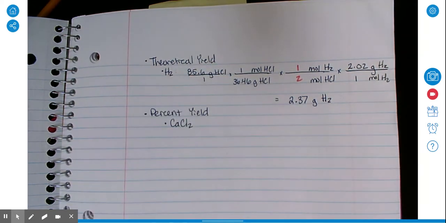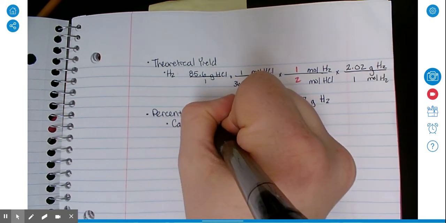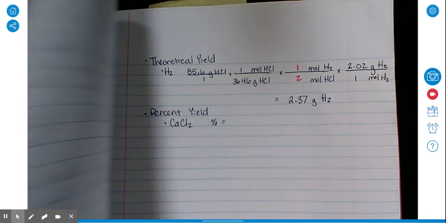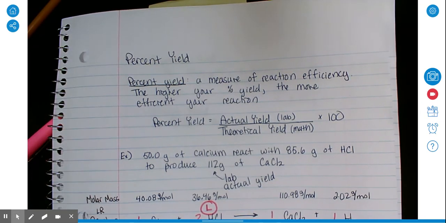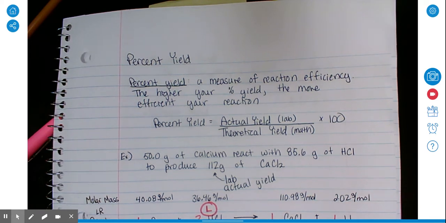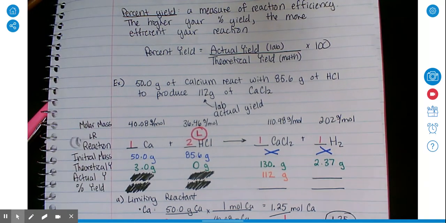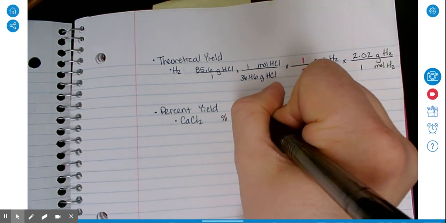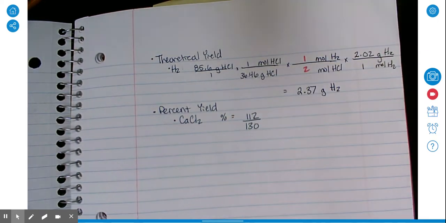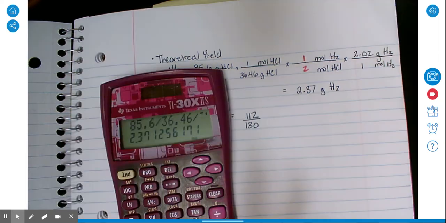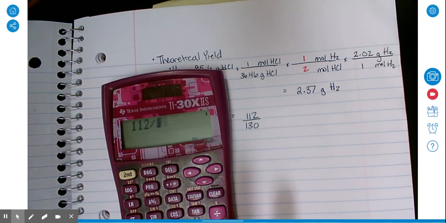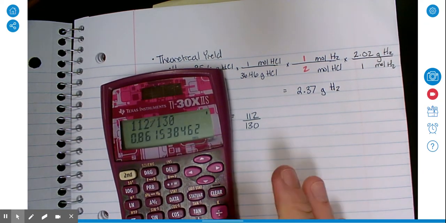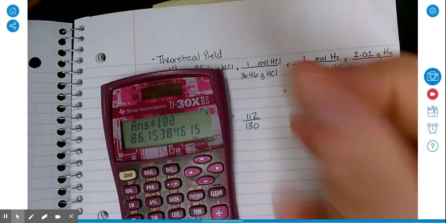So for the CaCl2, percent yield is equal to actual over theoretical, so 112 divided by 130, times 100 if you want to show that step.